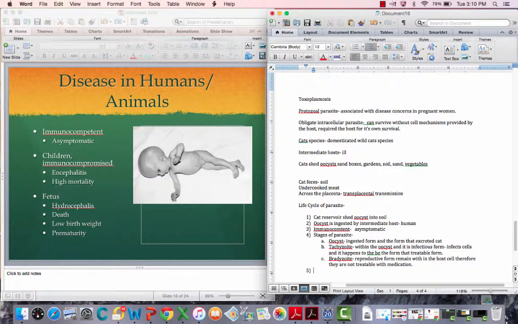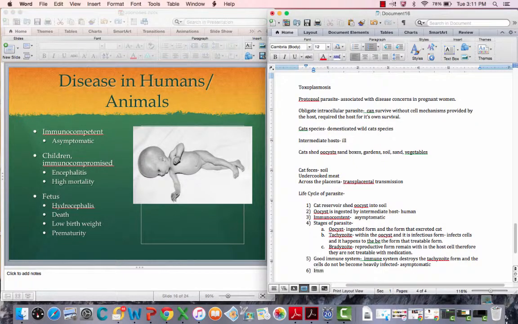So if you have a host that's immunocompetent, that has a good immune system, then the immune system destroys the tachyzoite form, and the cells do not become heavily infected, which means the person is asymptomatic.